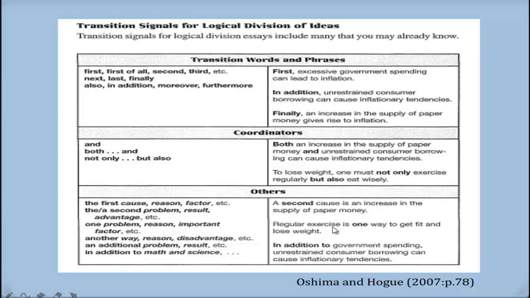Then regular exercise is one way to get fit and lose weight. And in addition to government spending, unrestrained consumer borrowing can cause inflationary tendencies. So these are some transition signals that you can use in your essay.